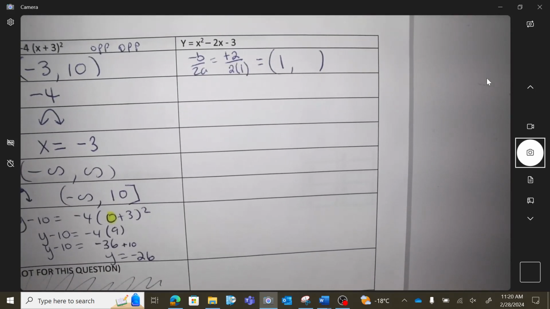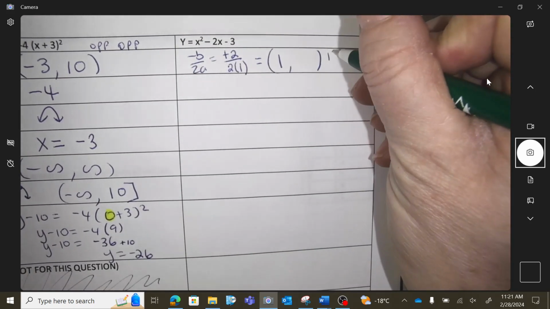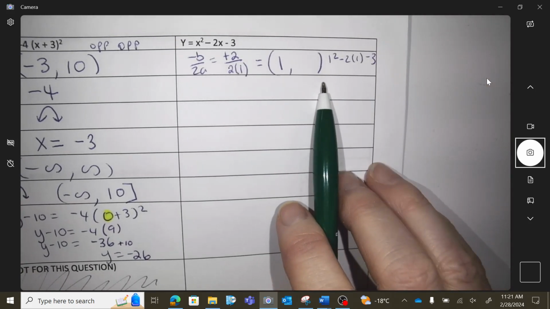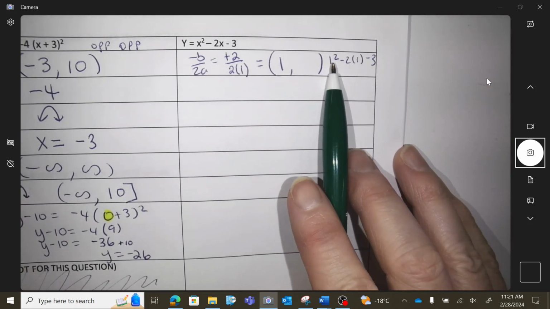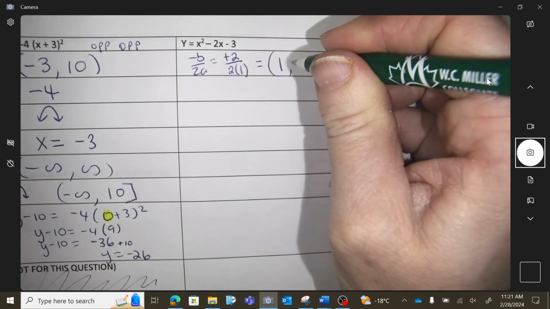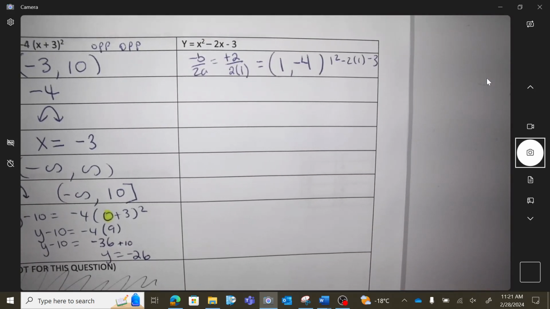What do you do with that 1 value? Plug it in. So 1 squared minus 2 times 1 minus 3 is... okay, so that's the plug-in.